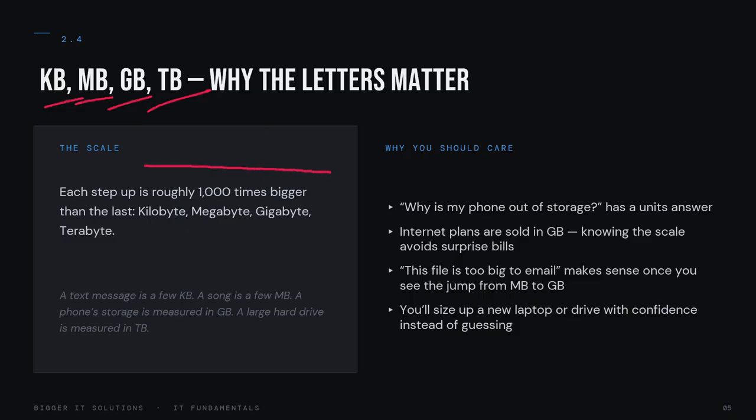And each one is roughly 1,000 times bigger than the last, right? Now, I started at megabyte because most everybody has probably heard that term, right? A megabyte, maybe even gigabyte nowadays, and probably even terabyte. Kilobyte's not one that's used as much, just because it is a lower way of measuring data, or throughput, for that matter, as well.